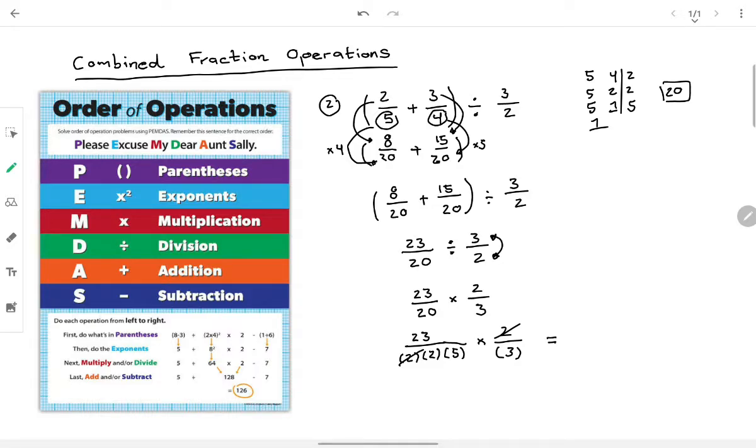So as a result, we will get, remember, multiplication is numerator by numerator, denominator by denominator. We will get then 23 over 30. Then we will need to look if the fraction is simplifiable. In this case, 23 is a prime number, so it's not simplifiable. So this will be our final answer.